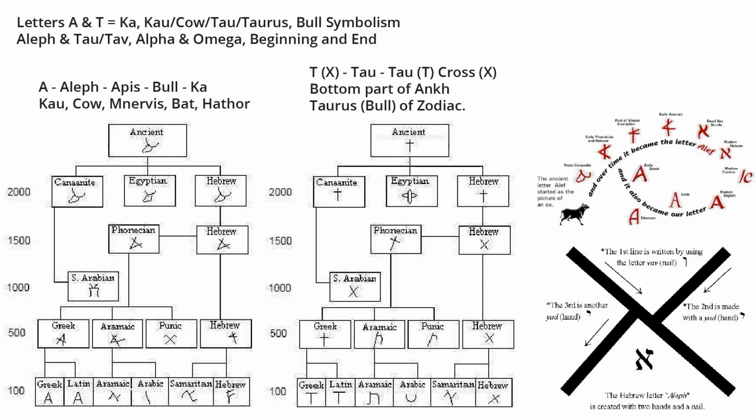So the T, X, cross, Tau, relates to the bull, the thoracic vertebrae from the Ankh, also back to the Ka from the bull, and the arms crossed, which gets you the cross, gets you back to the T, and then you get to the bull, just the head instead of the whole bull as the Ka, just the head is the A, the Aleph.